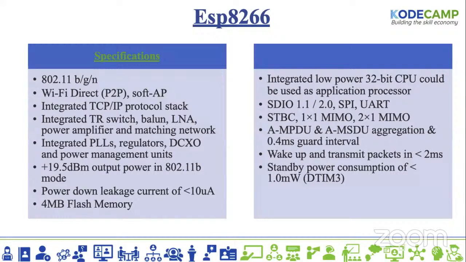It gives you the ability to transmit data in up to 4 streams, each having a maximum of about 150 megabits per second, and it's very fast. So 802.11n is an improvement on the other one.